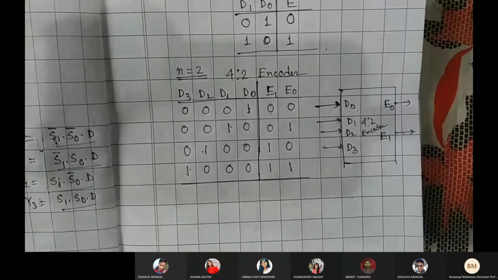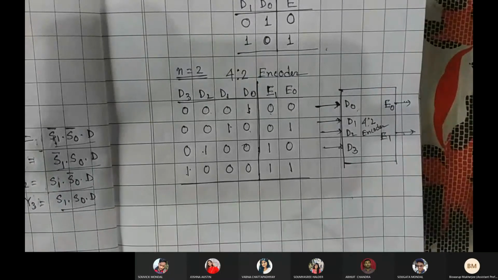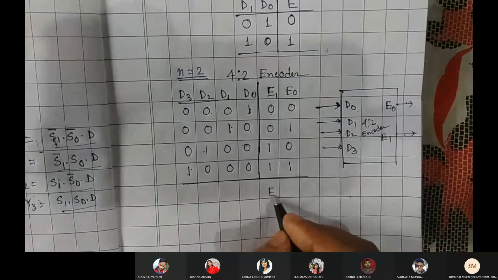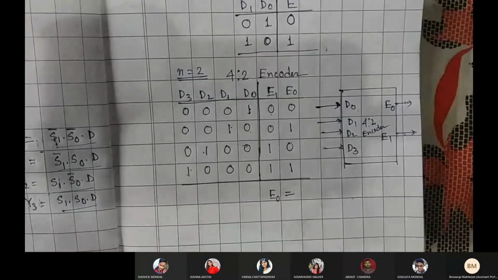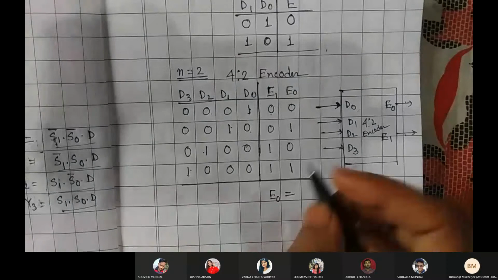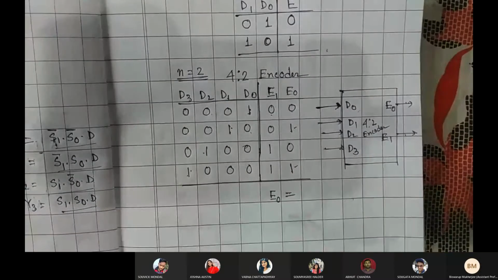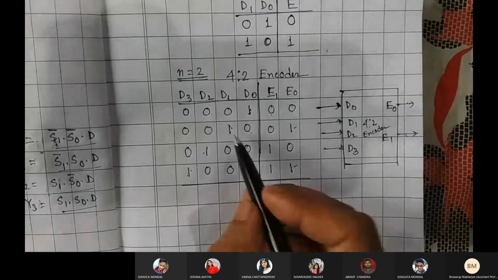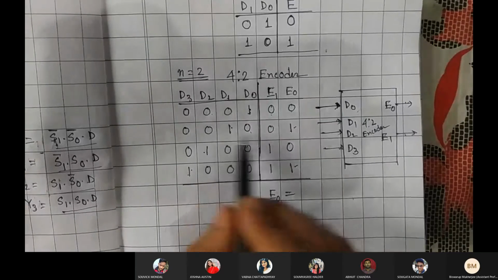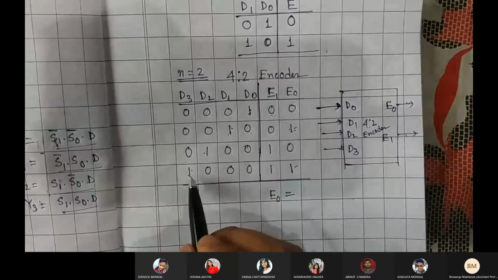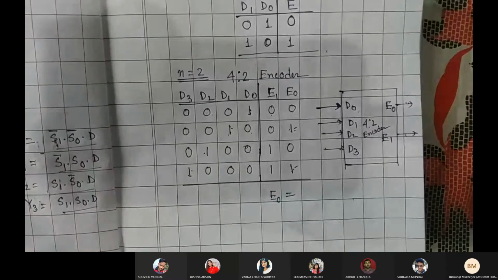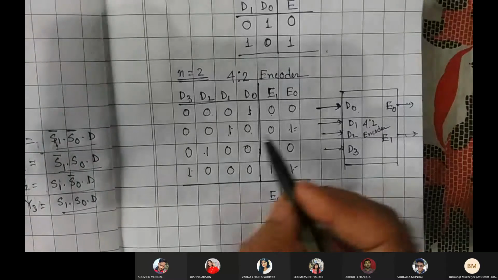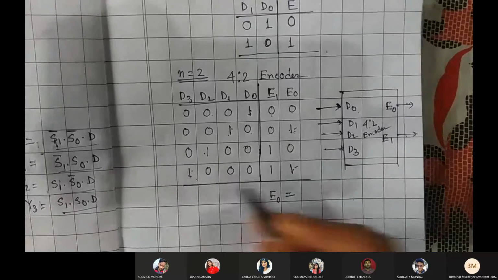If it is like this, what is E0? It is remaining high for which particular values? For D1 and D3, right? When D1 is high, or when D3 is high.